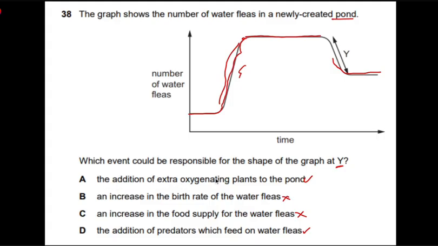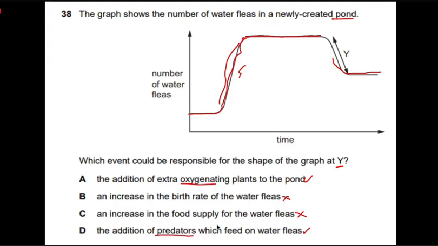The addition of extra oxygenating plants can cause the depletion of oxygen in this one here. As the word suggests, oxygenating plants depend on oxygen, isn't it? But there are some few flies which are going to remain in water. So now, why is this one qualified to be an answer?